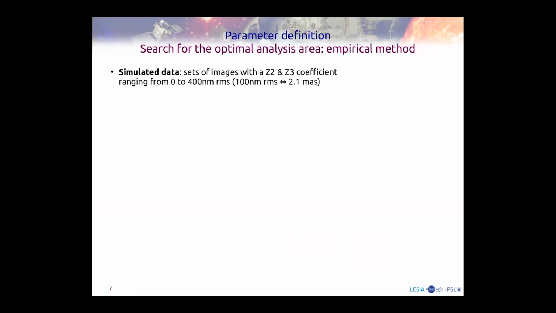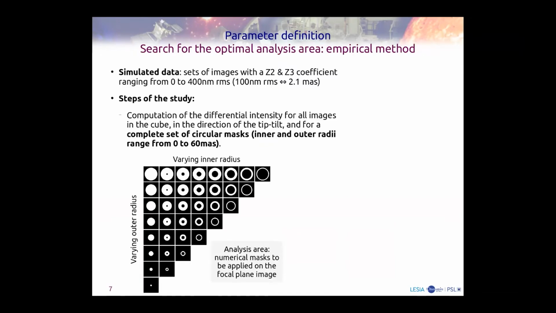So I went brute force, just simulating a set of images with a tip-tilt varying from 0 to 6 mas. And I just tested a grid of analysis areas ranging from the full disk to a thin annulus.